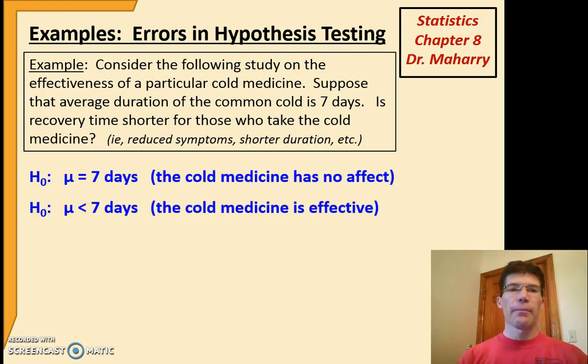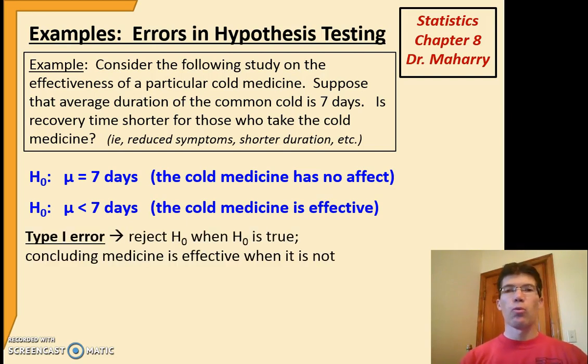So if we set up a hypothesis like this, the common cold on average lasts 7 days. We'll start there. That's our null hypothesis, that the normal 7 days, whether we're taking the medicine or not, doesn't affect it. No effect. Versus if this medicine is effective, it should reduce the number of days with symptoms. So the alternative would be mu less than 7.